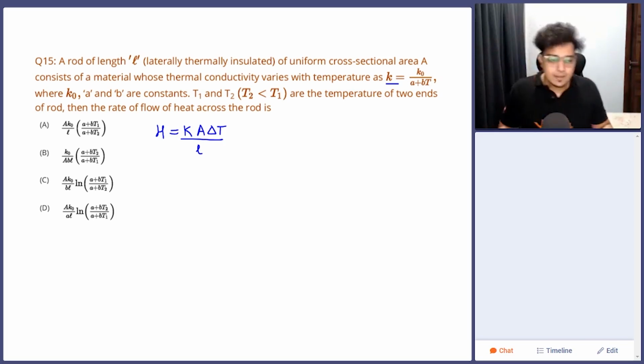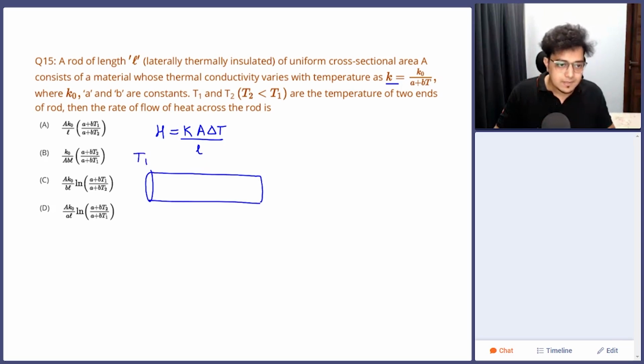So what we will do, out of this entire rod, let's say this end is at T1 and this end is at T2, is study a very, very thin portion of thickness dx.